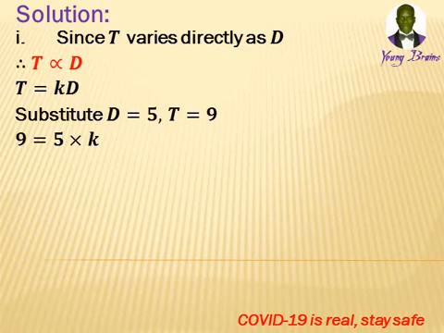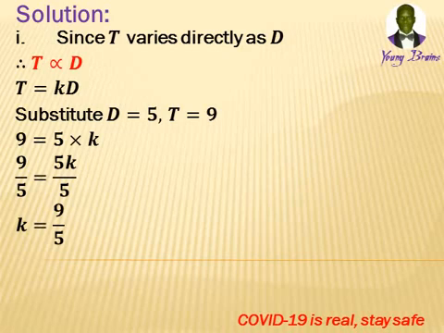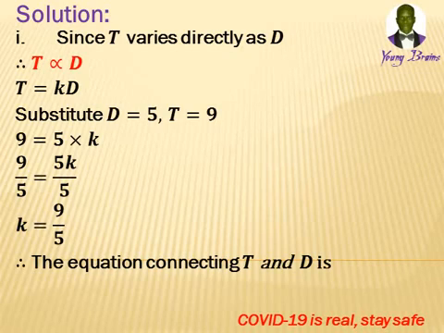To find our k, we divide both sides by the coefficient of k, which is 5. We then have 9 divided by 5 equals 5k divided by 5. k now gives us 9 divided by 5. We now write the equation connecting t and d by putting in the value of k, which gives us t equals 9 divided by 5 d, which is the equation connecting t and d.